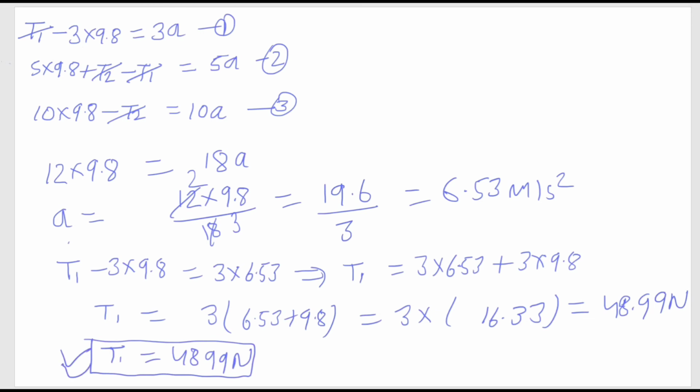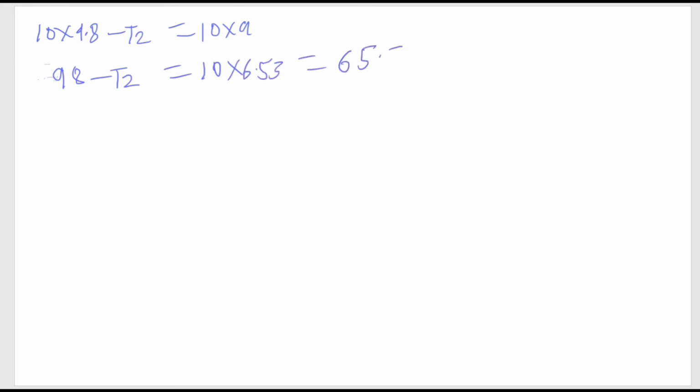Now to find the tension in the second string, put the value of the acceleration A in the third equation. The third equation is 10 into 9.8 minus T2 equals 10 into A. Now put the value of A: 10 into 9.8 is equal to 98, minus T2 equals 10 into 6.53, that is equal to 65.3.